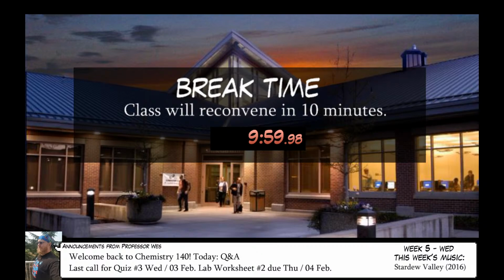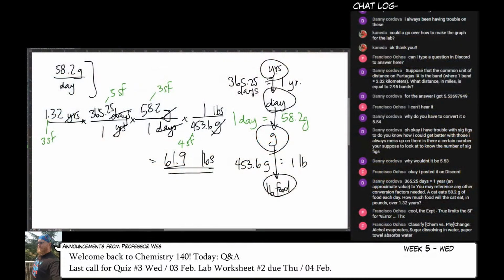Alright, so let me hit this. So, classify a chemical versus a physical change. Alcohol evaporates, sugar dissolves in water, paper towel absorbs water.